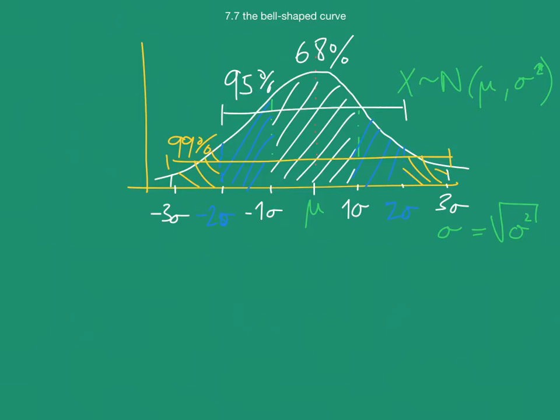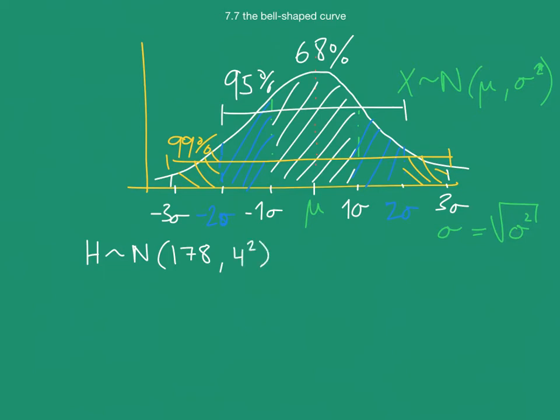Well, say you have a problem like this. You have the height of males, which is normally distributed in a population. Let's say that the mean is 178 centimeters and the variance is 16, or 4 to the power of 2.